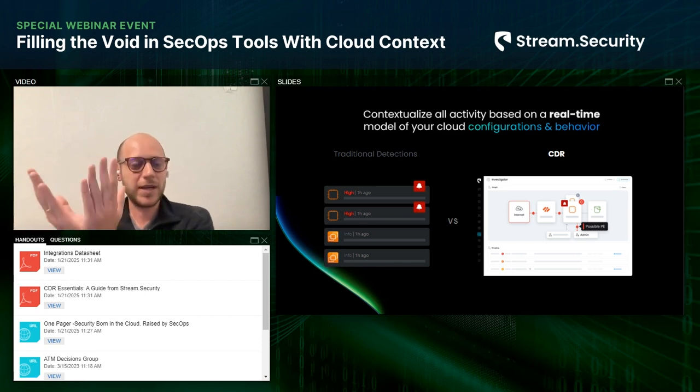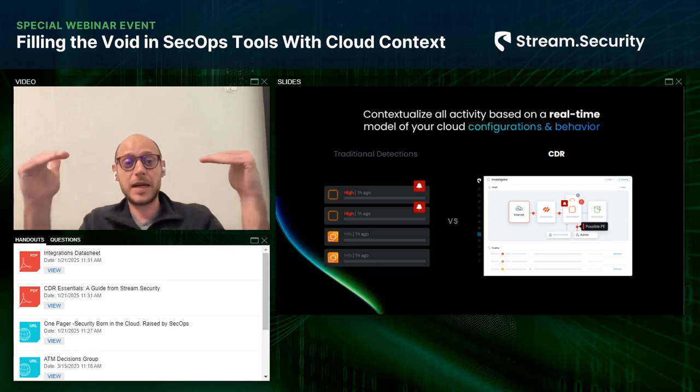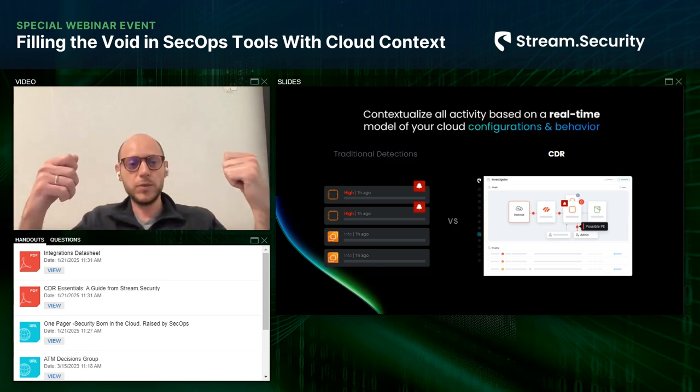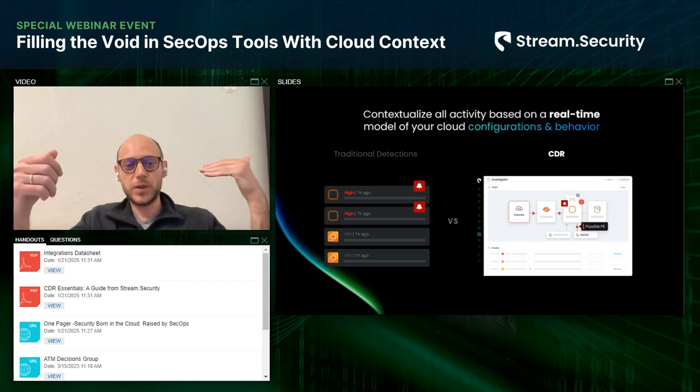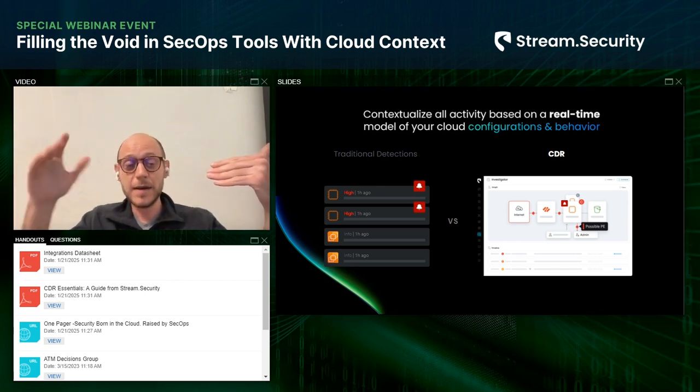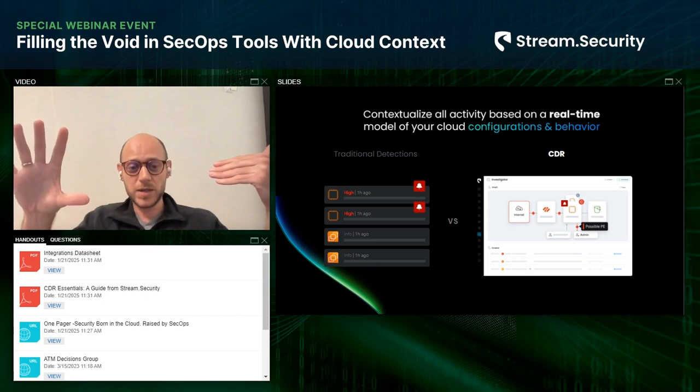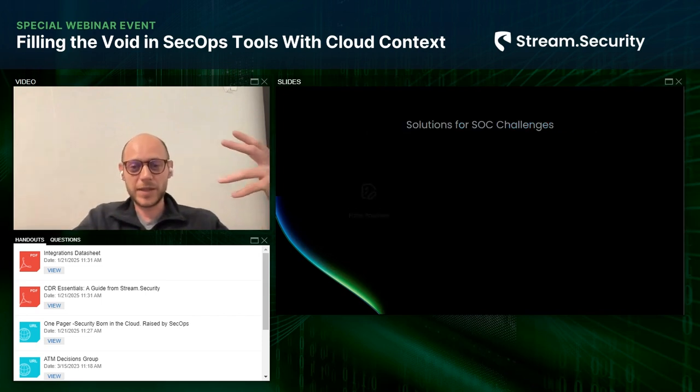Since the asset is not connected to anything in my cloud and it is isolated in a subnet, meaning that 99.999% the detection is a false positive. And that's how CDR can dramatically reduce the amount of noise, elevate the things that are critical, and enable your team to understand the potential of exploitability, the potential of false positive around that asset, the potential blast radius, and then give you the ability to understand what actually happened.